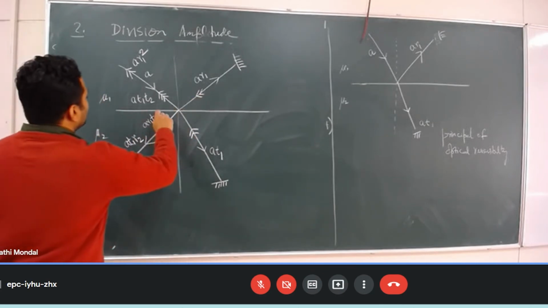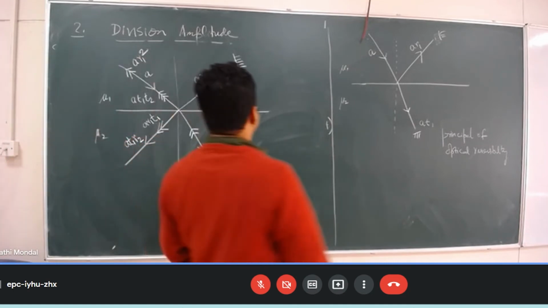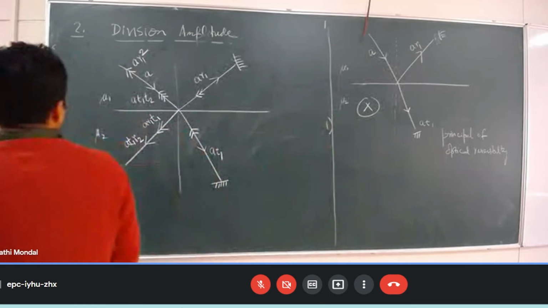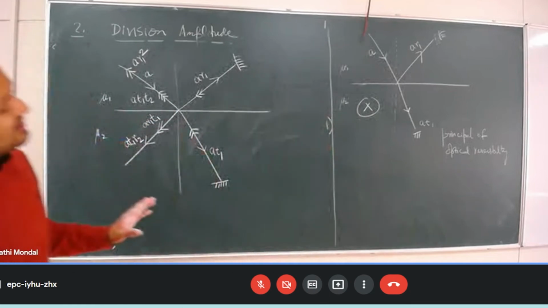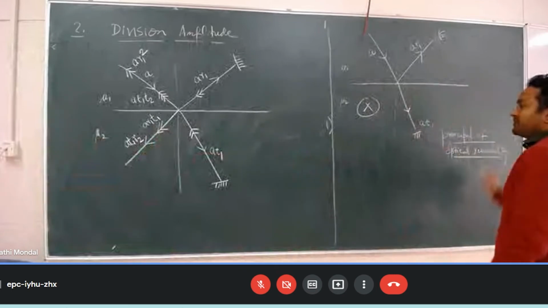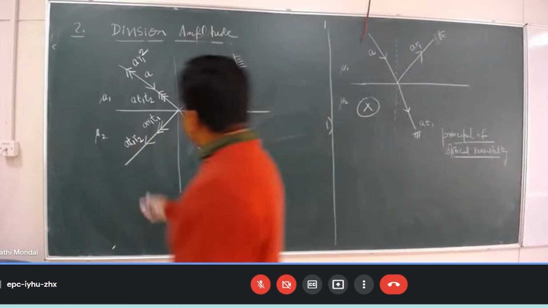Okay, now see, originally we don't have any ray in this section. So if I prove that with this optical reversibility energy is conserved, you cannot create any extra ray here.